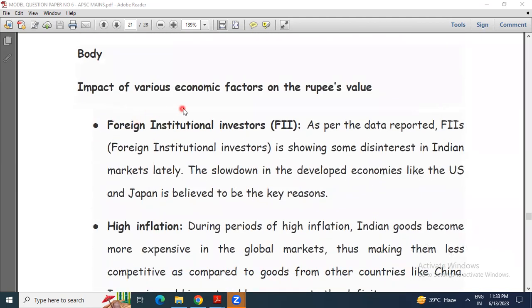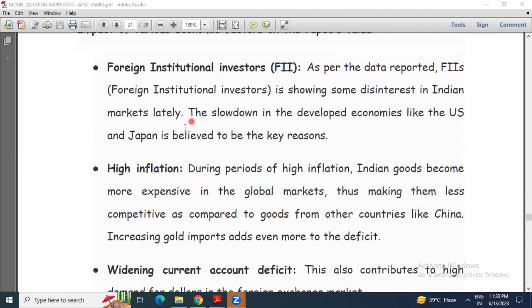Now, what is the impact of various economic factors on the rupee's value? First, FII, foreign institutional investors. You know about FDI and FII, at least I'm supposing so. Now, foreign institutional investors, as per the data reported, are showing some disinterest in Indian markets lately.